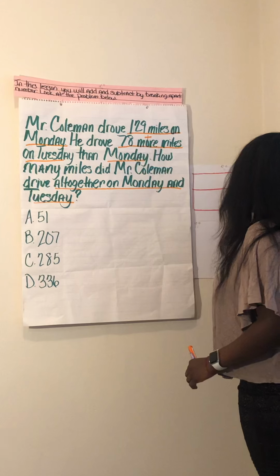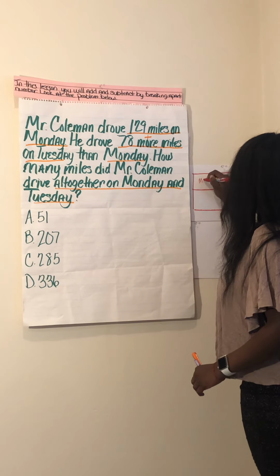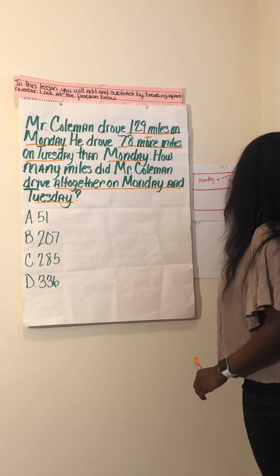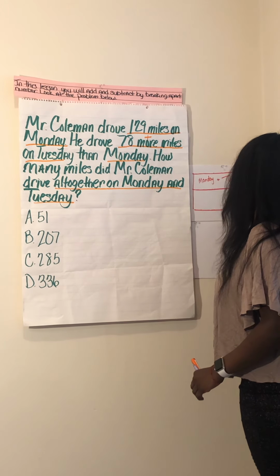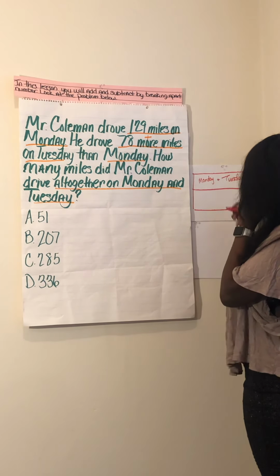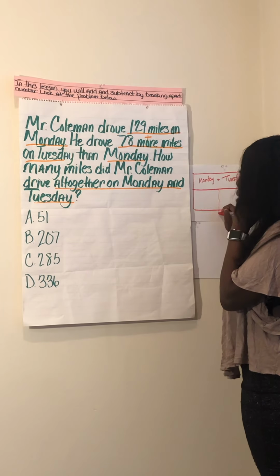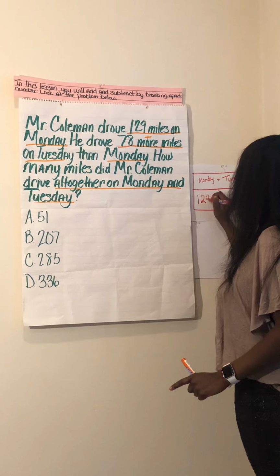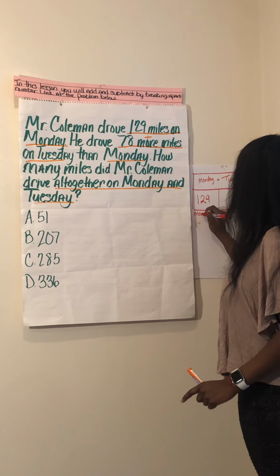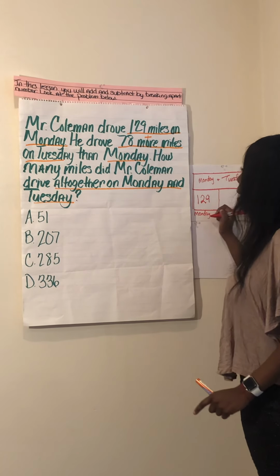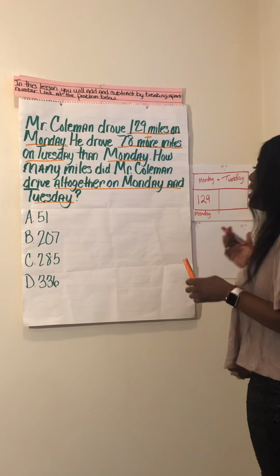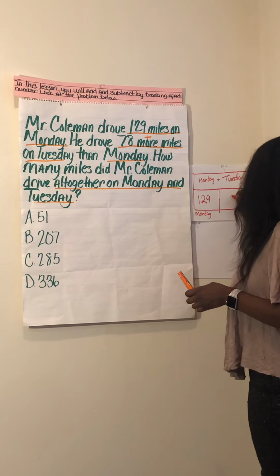So the whole is Monday plus Tuesday. But they're broken apart. On Monday, we know he drove 129 miles. But on Tuesday, we know he drove 78 more miles than Monday. So we don't know what Tuesday is.